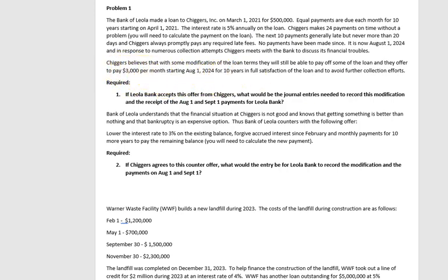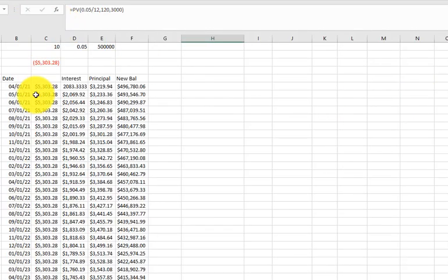So first, going back to Excel, we're going to calculate the payment using the tools we learned in Excel. And that formula is here. We're going to take the 10 years and multiply it by 12 to get the number of payments we're going to have to make, 120, and then we're going to take the interest rate of 5% or 0.05, divide it by 12, and this is the amount that was originally borrowed.